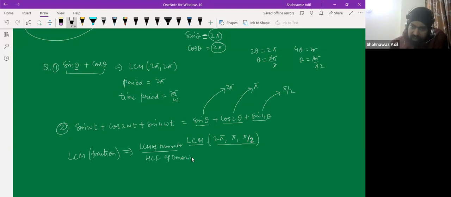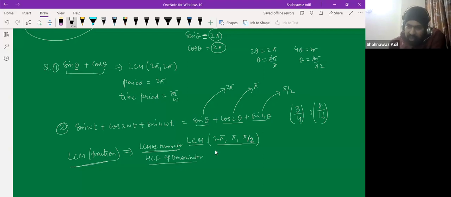That is how we calculate the LCM of a fraction, right? So how do we calculate the LCM of 3 by 4 and 8 by 60? To do that, we have to remember this. LCM of fraction is LCM of numerator and HCF of denominator.